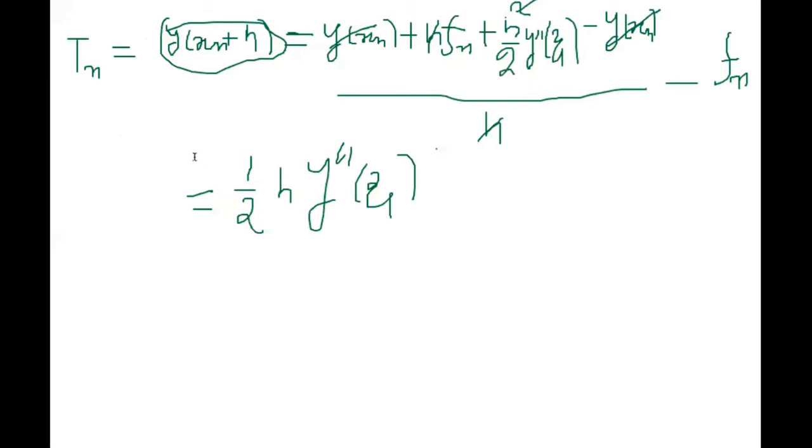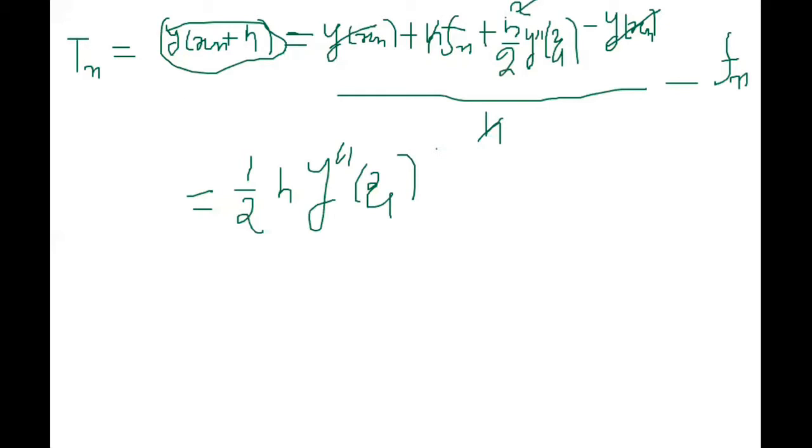This thing is clear. Let capital T be the maximum of Tn. We can take that because it's a finite number. So mod en plus 1 is less than or equal to 1 plus hL mod en plus h capital T.